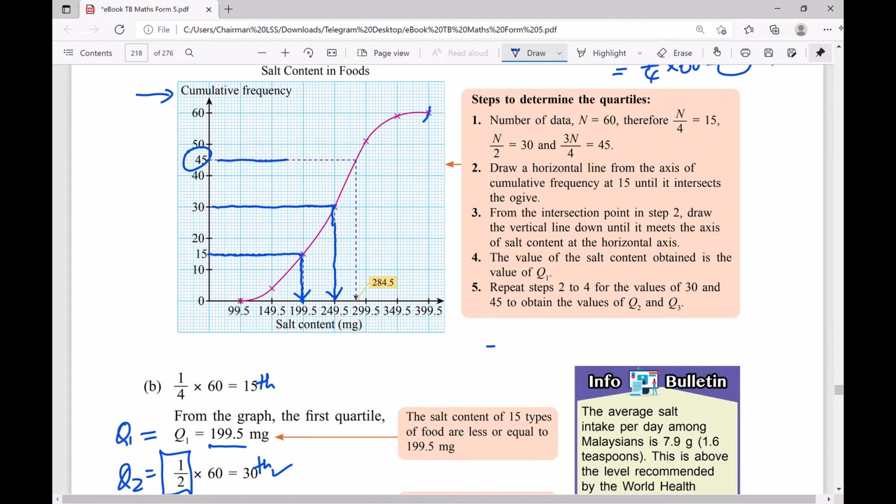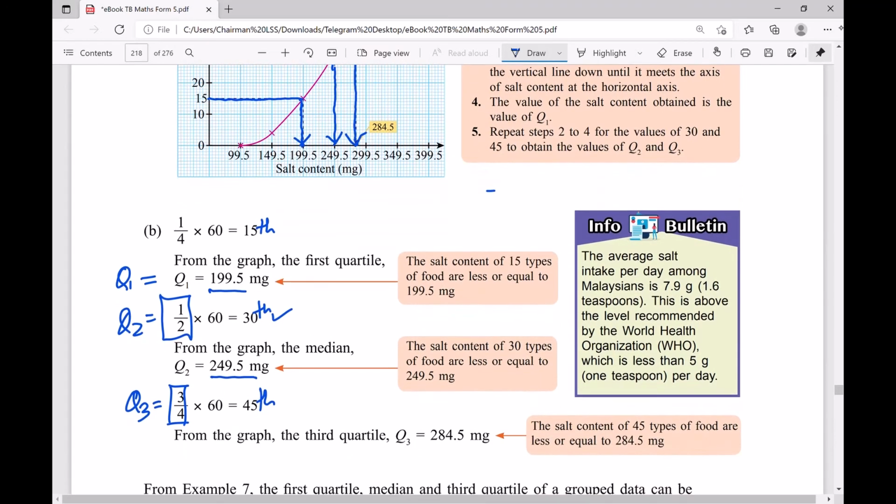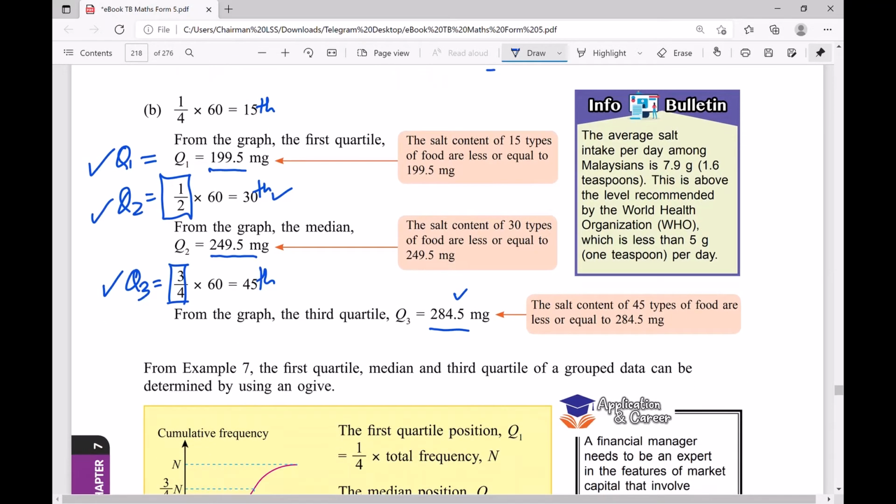You just draw that horizontal line, and when you touch the graph, you go down and you'll get this one, 294.5. So that's the use of Ogive. You can find your first quartile, second quartile, and third quartile.